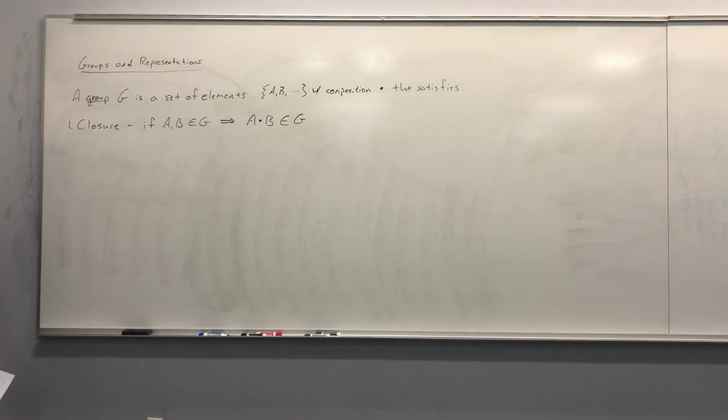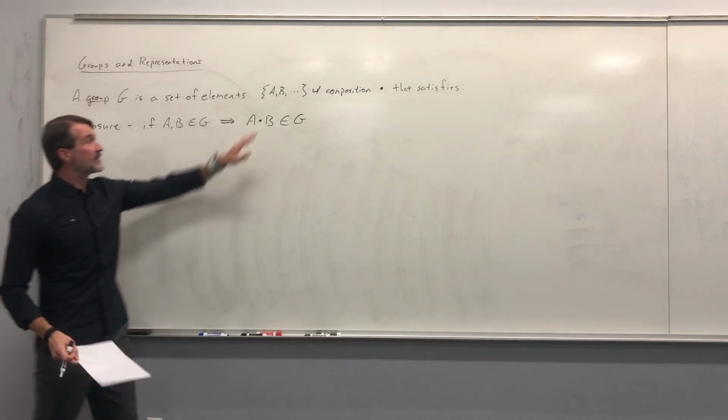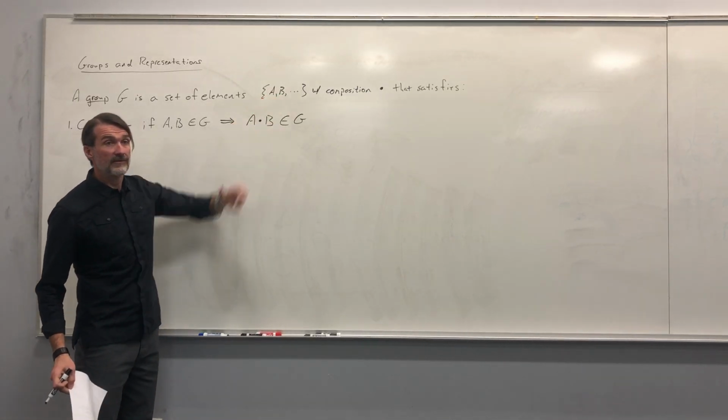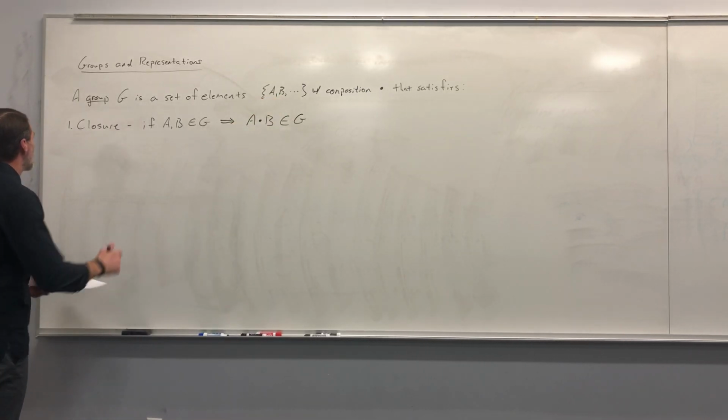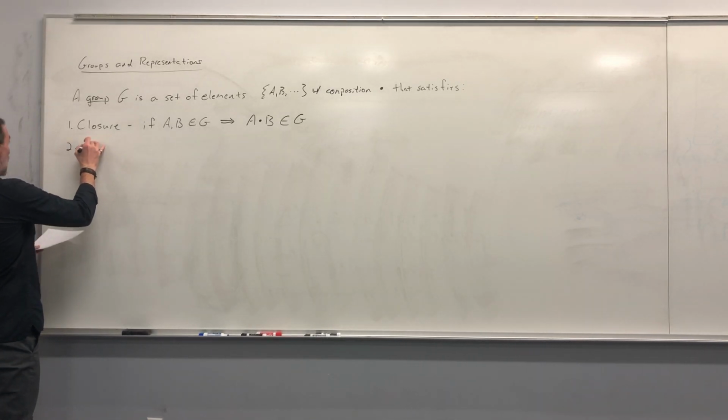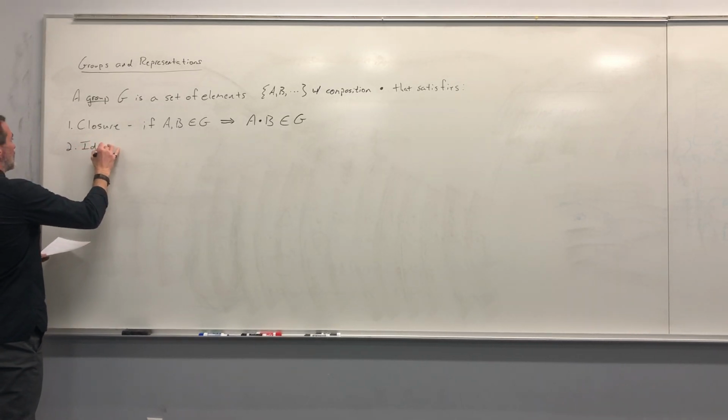Whoa. That's what closure means. It means if I take two of these and combine them, I better get another element of the set. It's pretty simple.